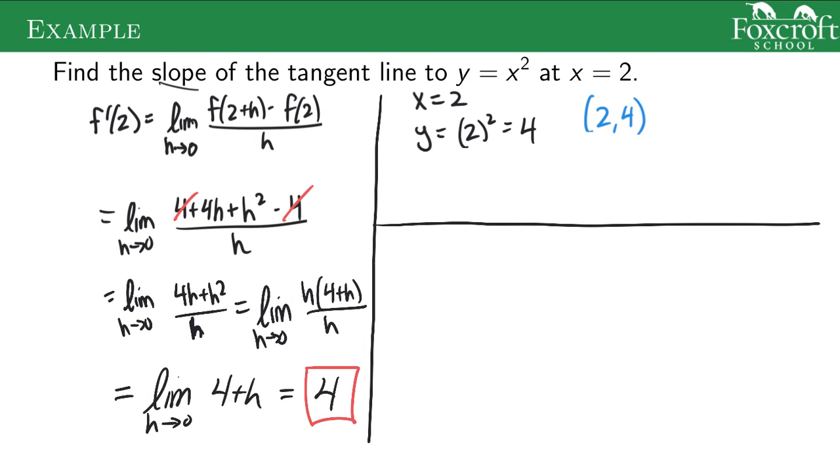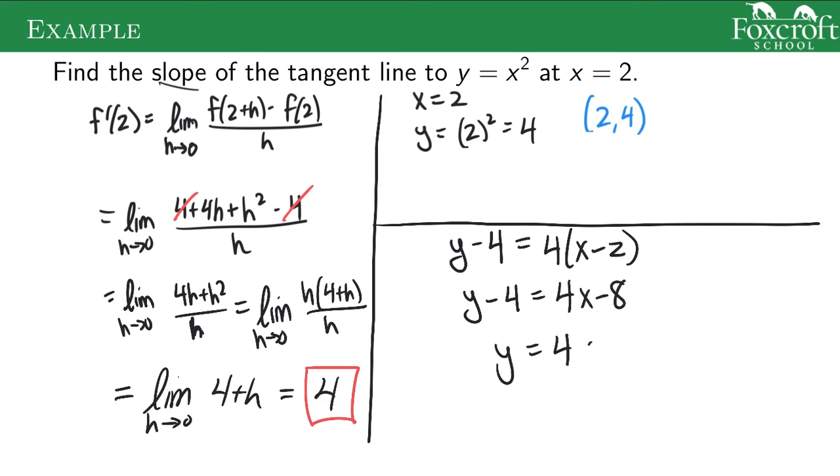So now I can plug it all into point-slope form: y minus the y value equals m times x minus the x value. And that's technically right, but most of the time you simplify into slope-intercept form. So I distribute first and then add. And this would probably be the most likely answer you would see on the AP exam for the tangent line of this function at 2. So the derivative, the slope of the tangent line, is 4, and we use that other point to get to our equation.